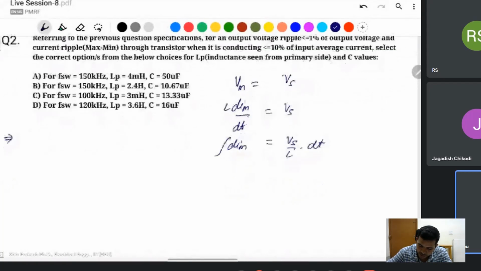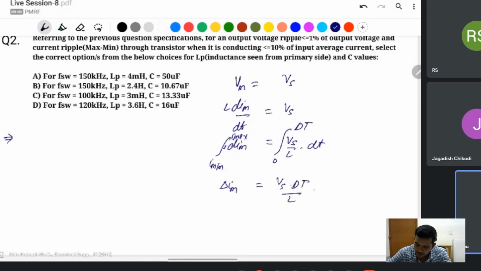Integrate this from I minimum to I maximum. This is a constant, then I max minus I minimum is delta Im, equal to Vs integrated from 0 to dT to find the ripple current. Vs into dT by L, and it is Vs d by fL.